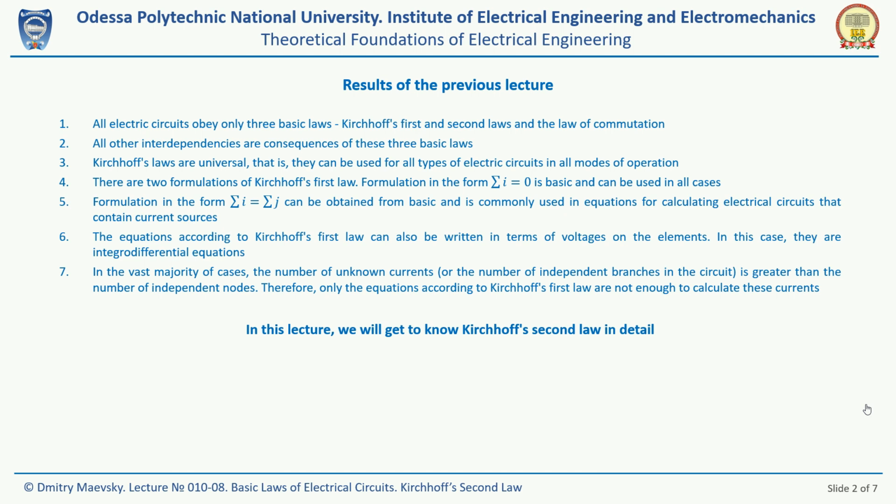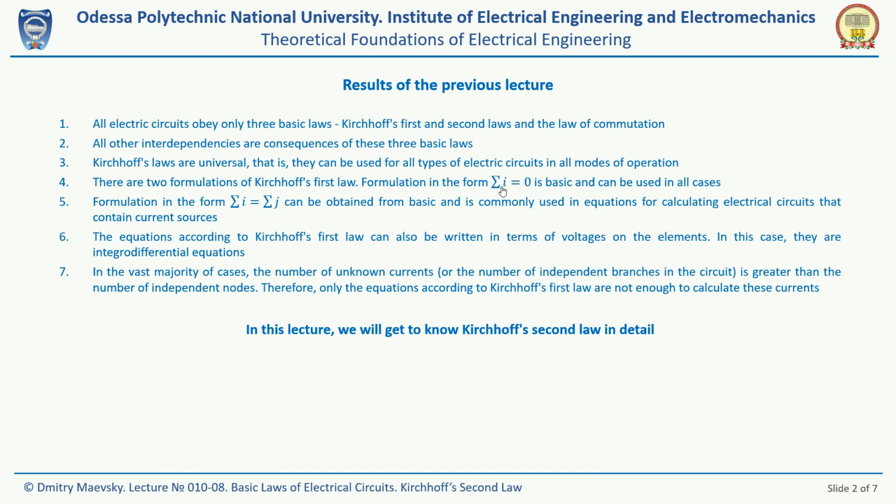We know that there are two formulations of Kirchhoff's first law. The first formulation is that the algebraic sum of currents in a node is zero. This is the general, basic formulation. We can use this formulation in all cases.